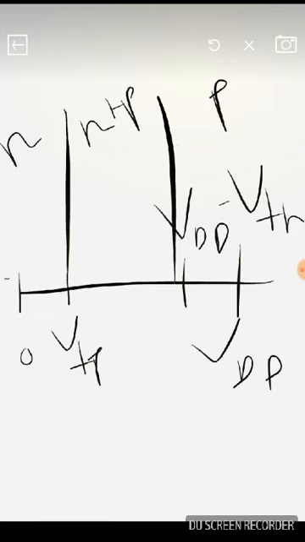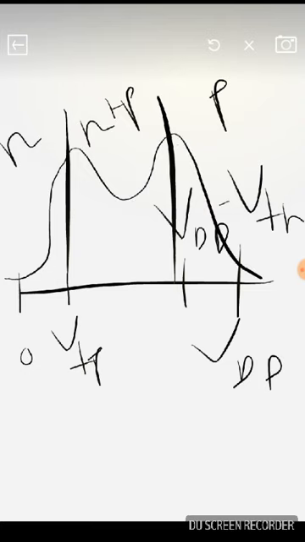Okay, the resistance curve becomes like this and like this. Why does the resistance curve become like this? The reason is that in this region the PMOS is not working, so we do not consider PMOS. As we are moving to the right side towards the VDD minus VTH side, the switch is slowly switching off, and thus the resistance is increasing.